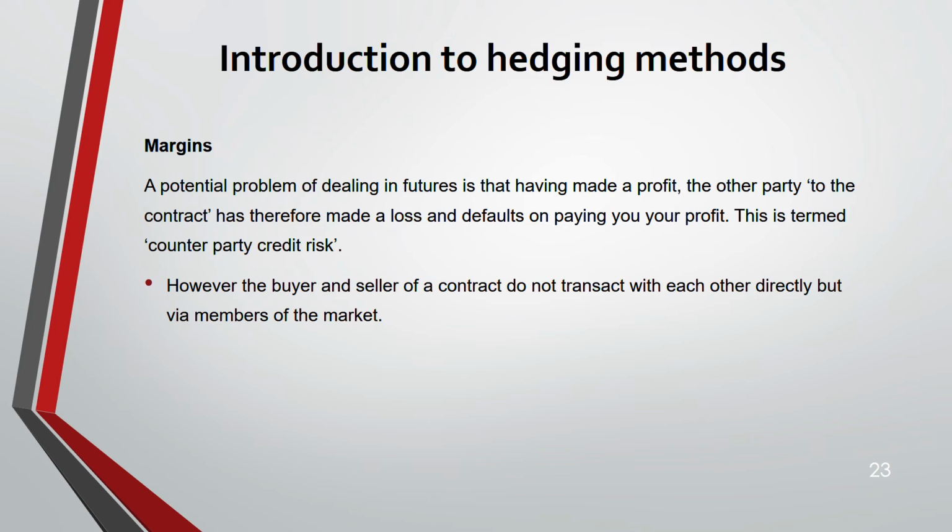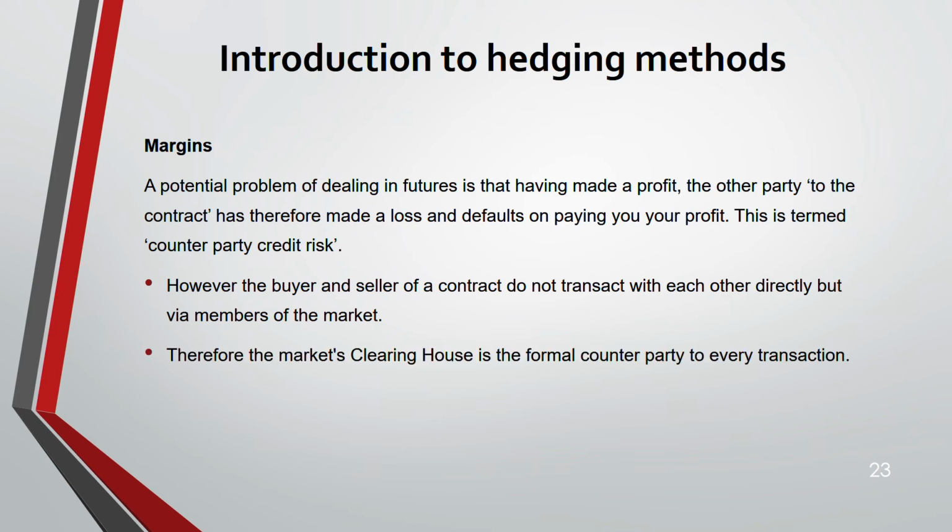Because the buyer and the seller of this contract do not directly do transactions with each other. No, through someone they do it, through some members of that market. Someone comes and sets them up. So because of that, there's a risk. What if the other party does not pay me back? So initial deposit has to be made. That is known as margin of safety. Some safety has to be there in order to protect the party from this counterparty credit risk for every transaction.